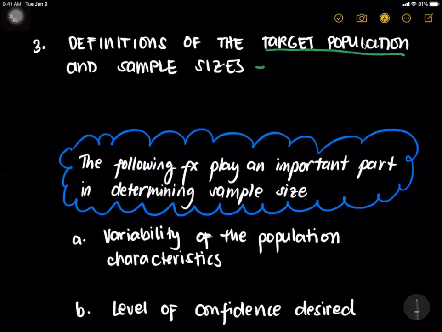They could be the beneficiaries or they could be the source of information. So that could be two-way. Your target population can be, first, your respondents from whom you're going to get your data, or they could be the group of people by whom the results of the study will be used or utilized.